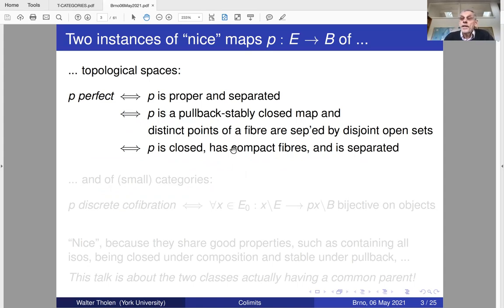And it's separated in the sense of fibered topology, meaning that if you take two distinct points in a fiber of that map, then they can be separated globally in the domain of the map. General topologists normally don't talk about proper maps in the sense of stably closed maps, but they characterize them as being closed maps that have compact fibers, and that is, of course, equivalent.